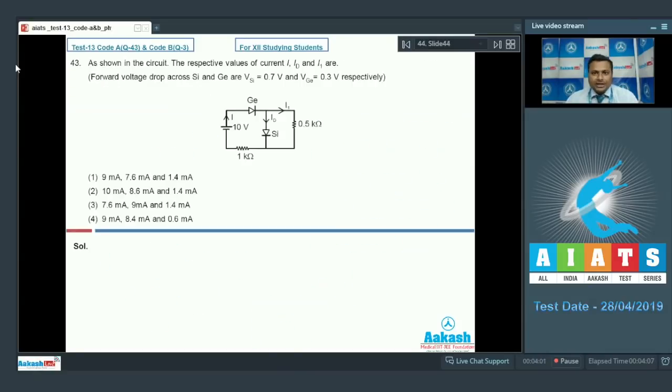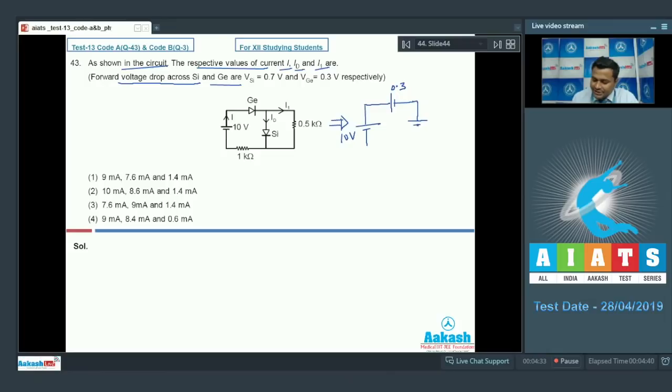Now here is question number 43, everyone. As shown in the circuit, the respective values of I, ID and I1 are: forward voltage drop across silicon and germanium are 0.7 volt and 0.3 volt respectively. Now let us modify the circuit. 10 volt. Germanium diode can be replaced by equivalent drop, that is of 0.3.